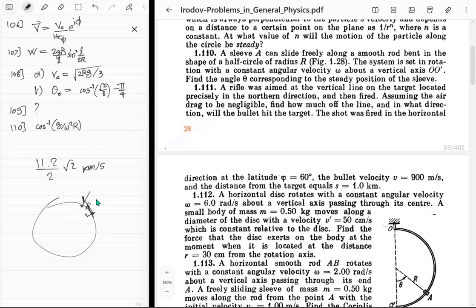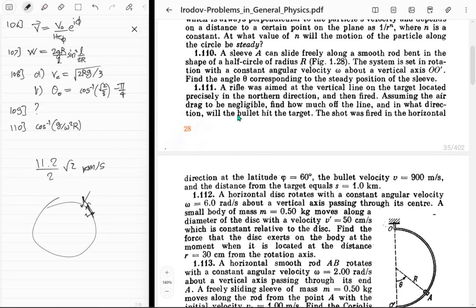So you can think of it as projectile motion, but it should have an initial height for this to make any sense, because it's fired horizontally. And I don't get what they mean by it should hit the target. In what direction will the bullet hit the target? Why would it hit the target if it's already not hitting the target?